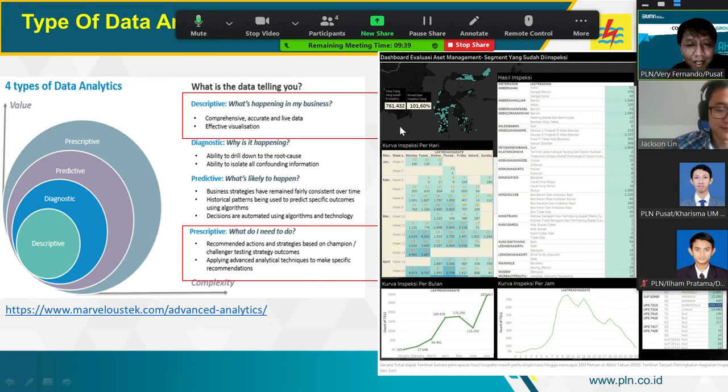So I just visualize our data in the data warehouse like this, but there is no sensor data because it's too expensive to install on our poles. Our CEO says the same, because distribution has so many poles. In Sulawesi Island there are about 40,000 kilometers of circuit, and it's too large to install sensors. So we just start with the descriptive.